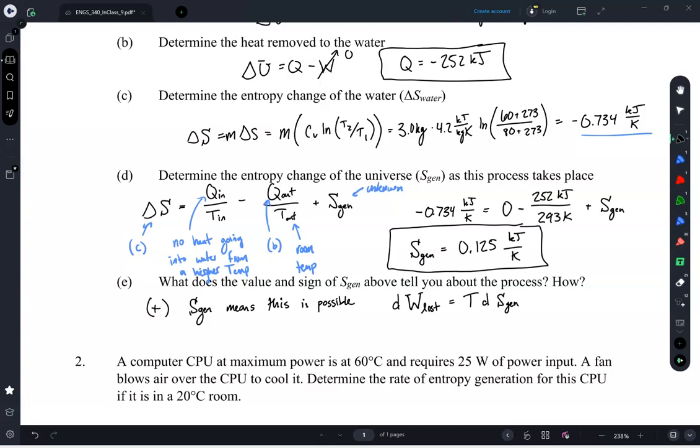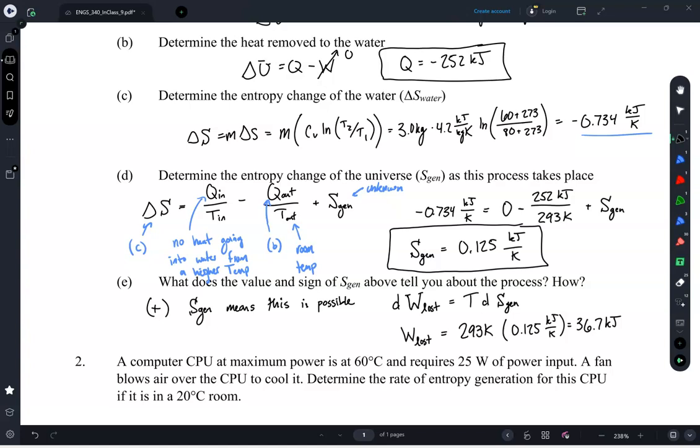So we can say that the lost work is 293 Kelvin times 0.125 kilojoules per Kelvin, which would be about 36.7 kilojoules of work.